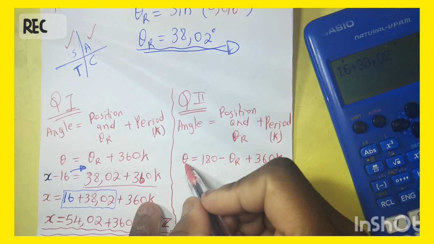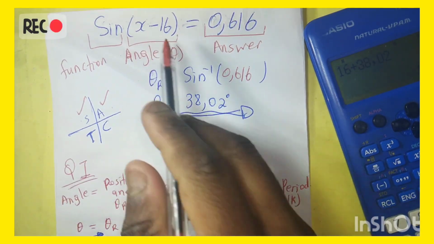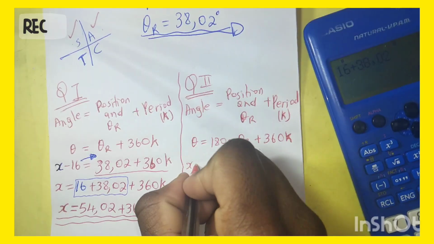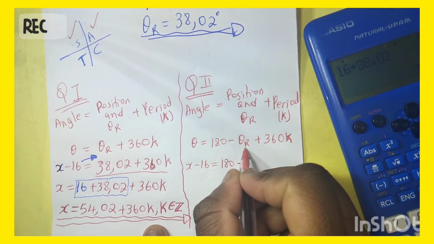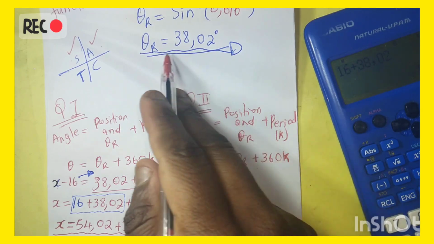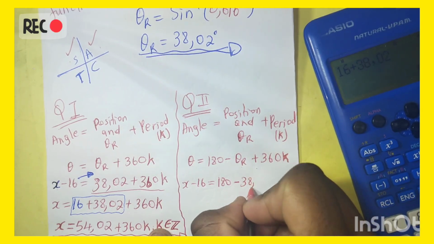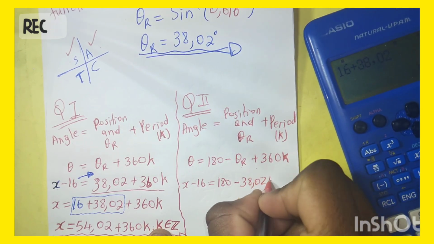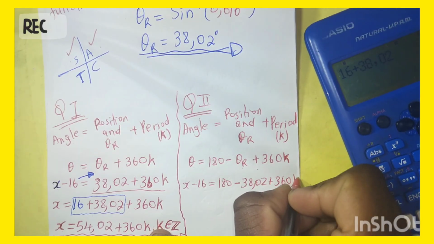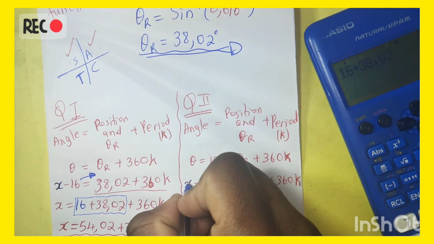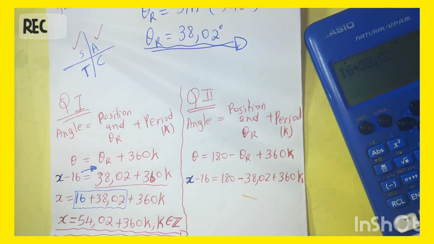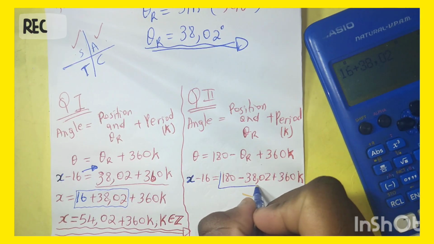And now our angle, guys, you get it from the question, which is x minus 16, and 180 minus the reference angle, which is the one that you just got there, 38,02 plus 360k. So now what I should do, guys, is make x alone to represent the equation. But first of all, let's start by simplifying this one.